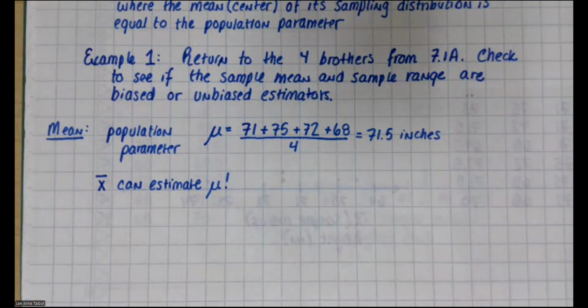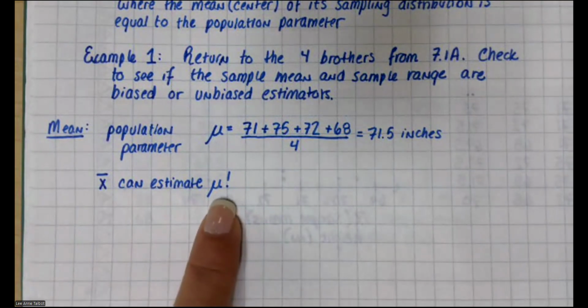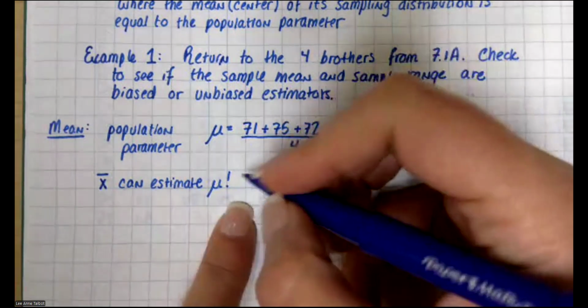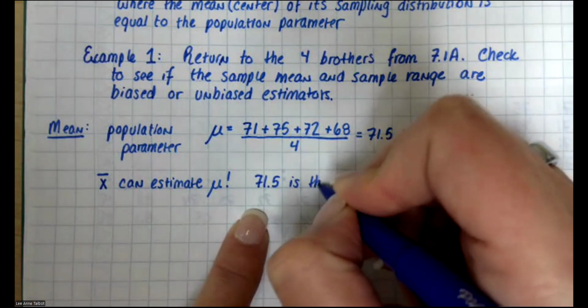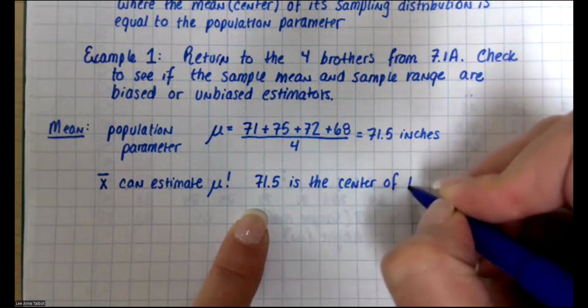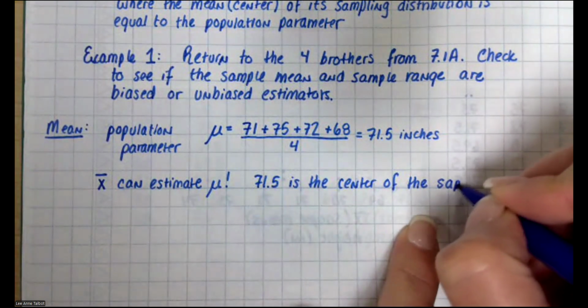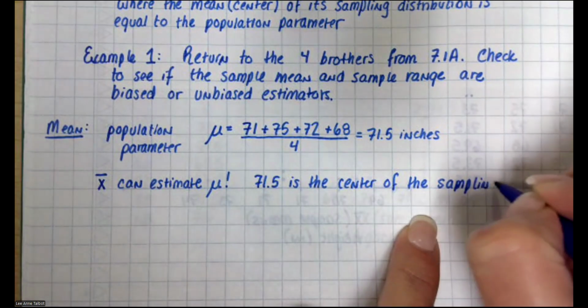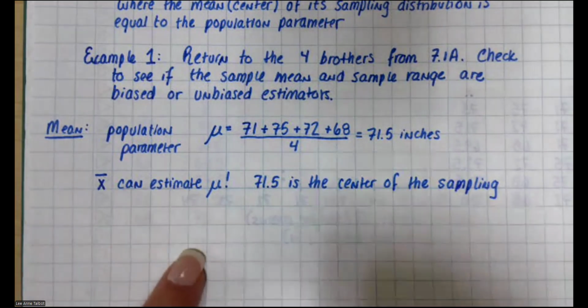X bar can estimate mu, which means the sample means can estimate the population mean. That's supposed to say sampling. I don't know what happened.